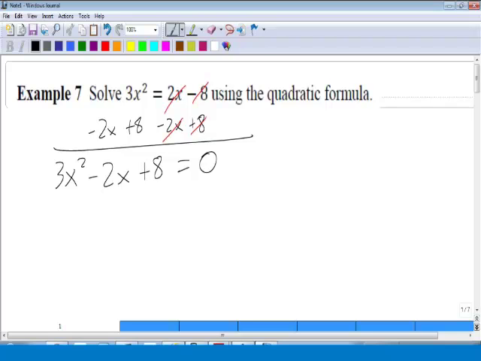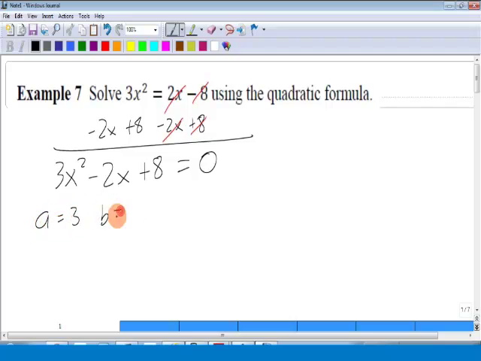If it were negative 24, we could make this happen. If that were minus 8 on the end, with a product of negative 24 and a sum of negative 2, that would be pretty straightforward. But since we need a positive product and such a small negative sum, we're not going to be able to do this. So we use the quadratic formula.